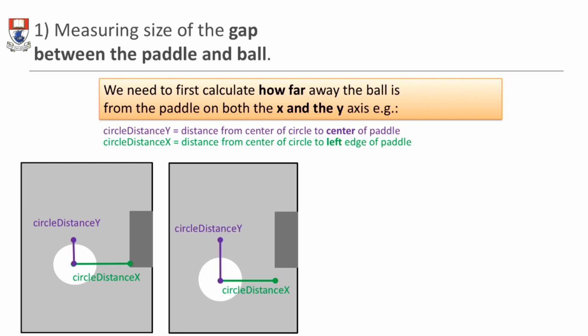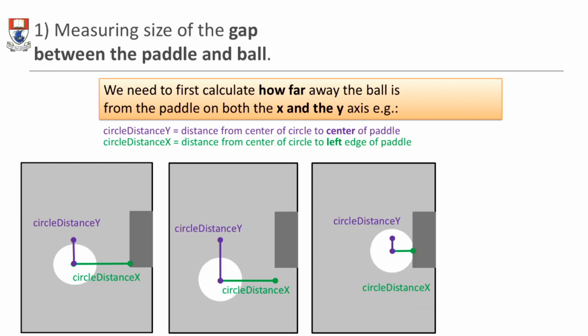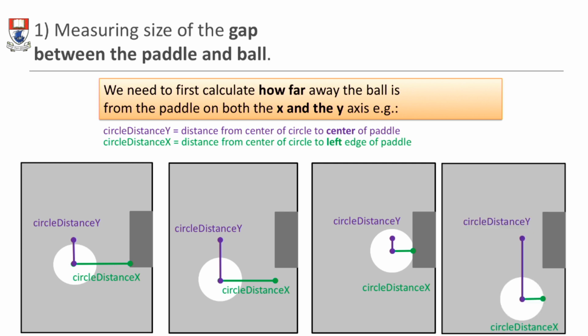Here's another example, and another example. So these are different scenarios. For example, here we actually have a collision. Here we can't possibly have a collision.